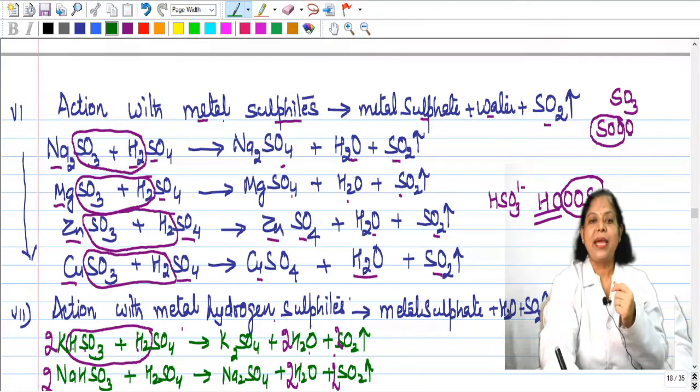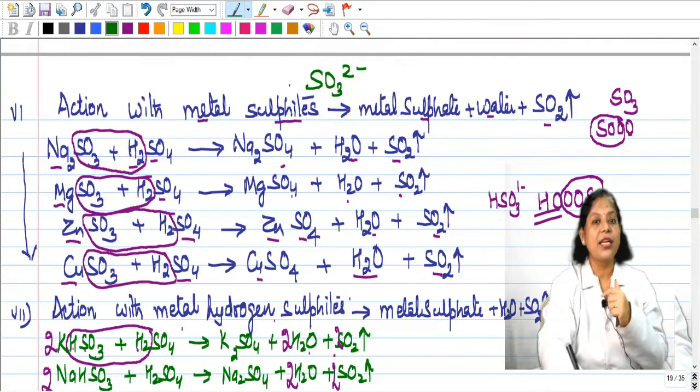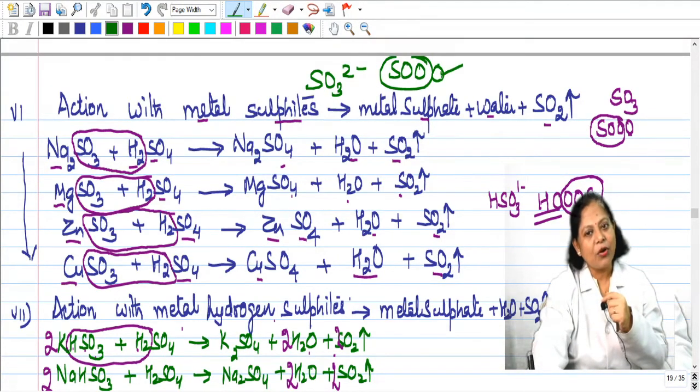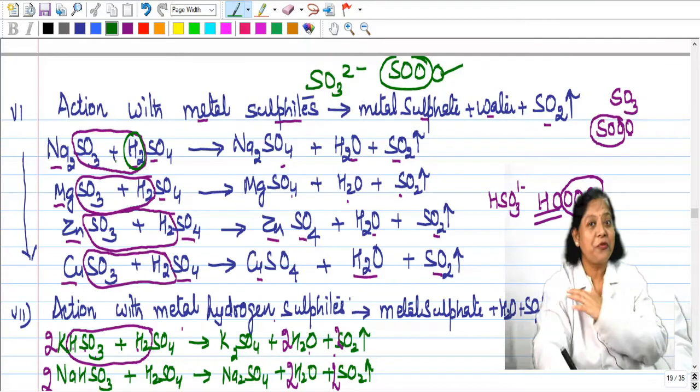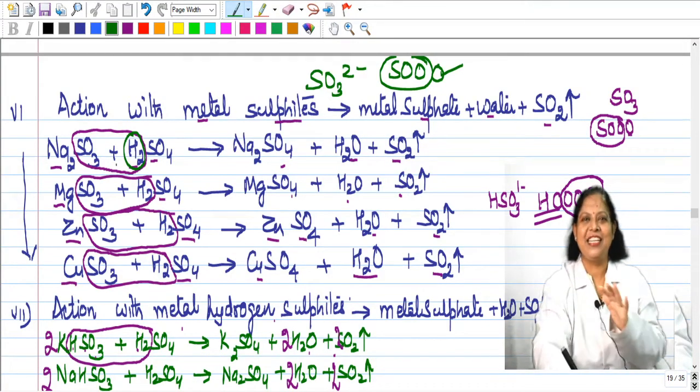Now metal sulfites are SO3 2 minus. So what will happen? Like carbonate, sulfites also have SO3. So this is what? Sulfur dioxide. This oxygen will be left. This oxygen will combine with the hydrogen and will form what? Water. So the reaction is very, very simple.